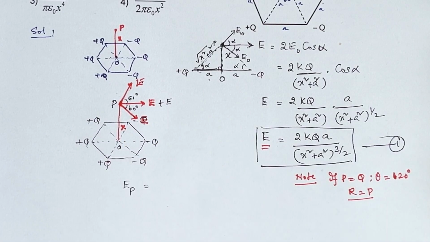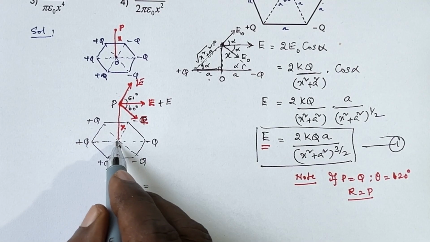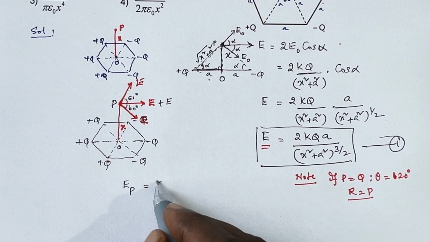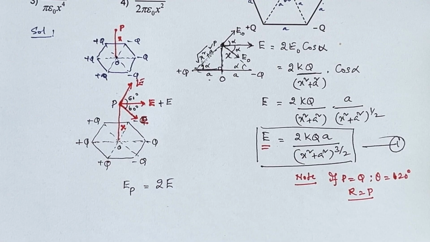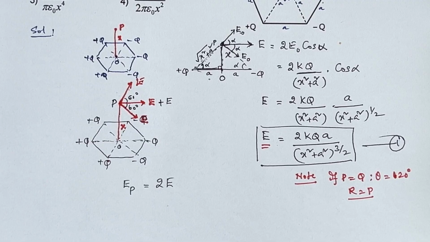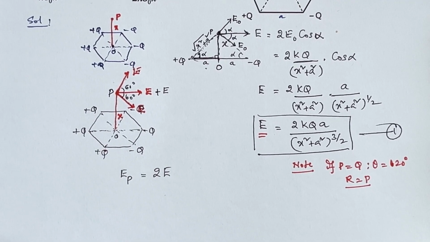This is the resultant of these two. This E is already there because of this line, that is parallel. So EP is equal to 2E. That is the answer. Resultant electric field at P, which is perpendicular to the plane of the regular hexagon.